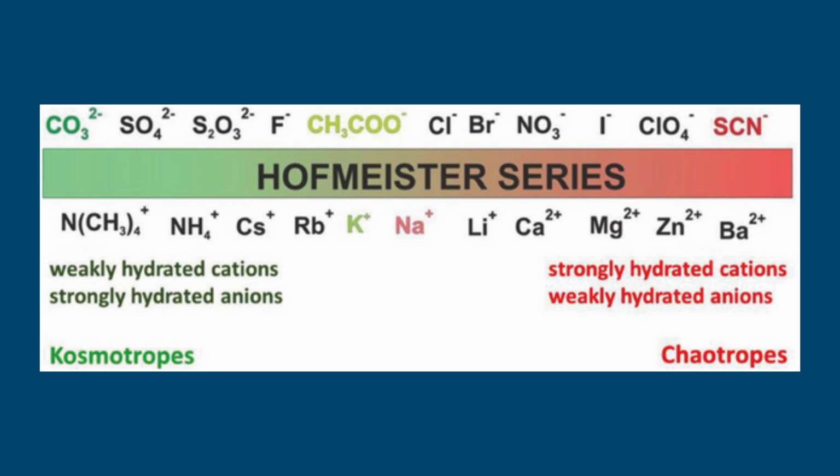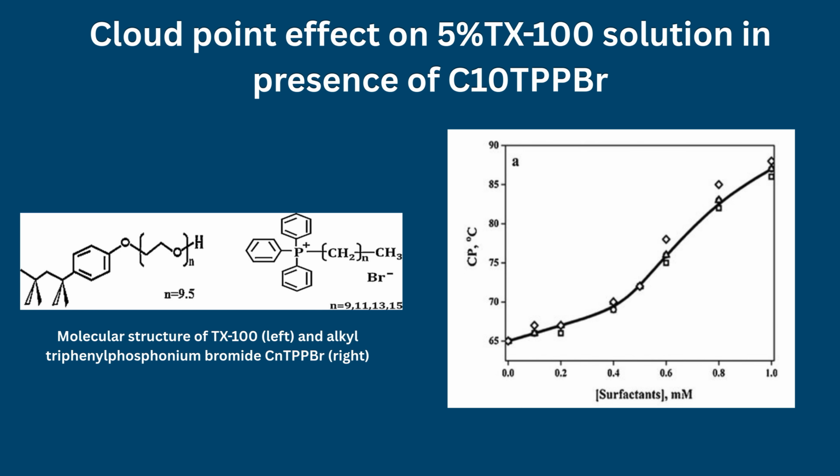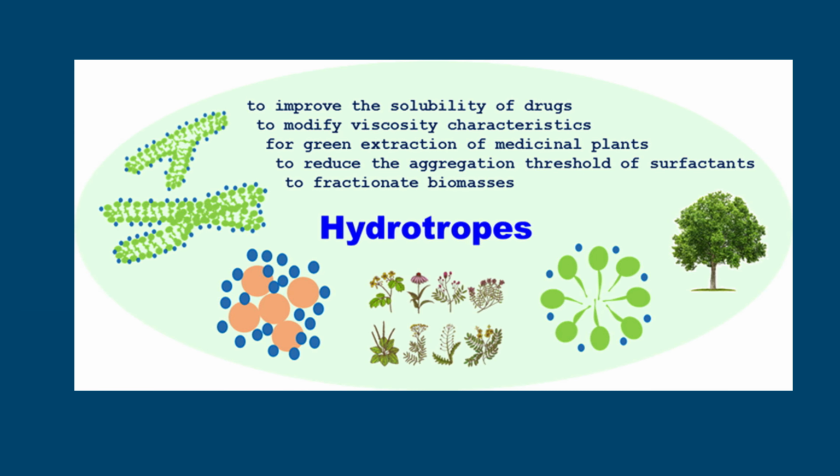Electrolyte effects depend on ion type, cation versus anion, ionic strength, and specific ion-surfactant interactions. Additives and mixed surfactant systems. Ionic surfactants: the addition of small amounts of ionic surfactants can significantly increase the cloud point by introducing electrostatic repulsion between micelles.